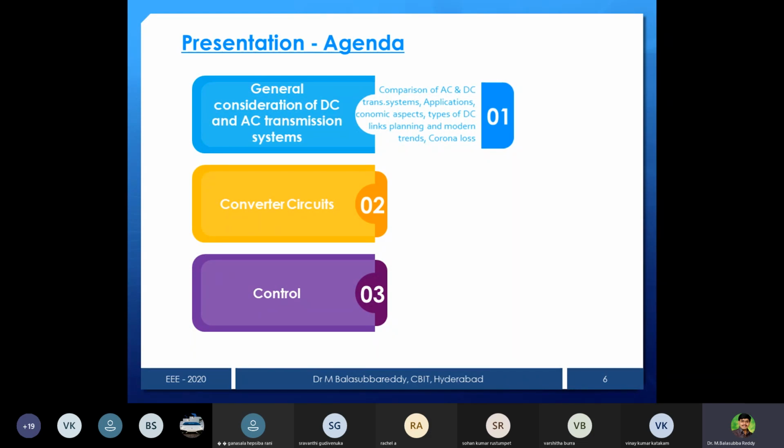So a lot of copper is going to be saved. Then initially I mentioned that for low distances, less than 500 km, AC is preferable, because for DC the initial cost of the transmission is high.